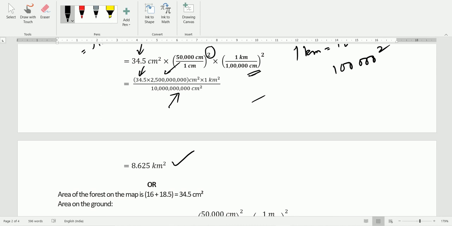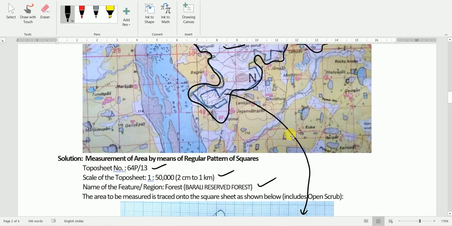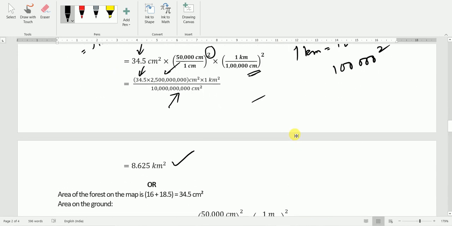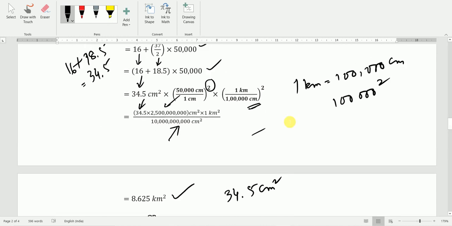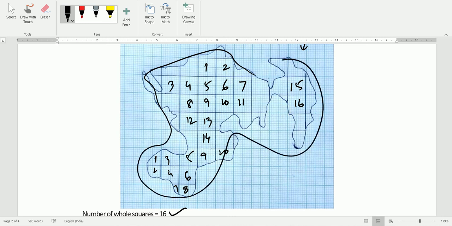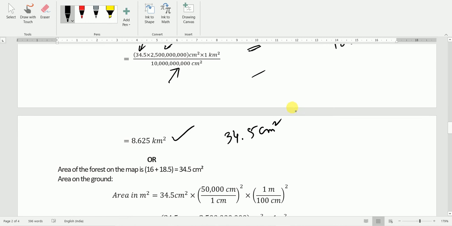So the area of this Barali Reserve Forest is 8.625 square kilometer, whereas the area on the map is 34.5 square centimeter, and the area on the ground is 8.6 square kilometer.